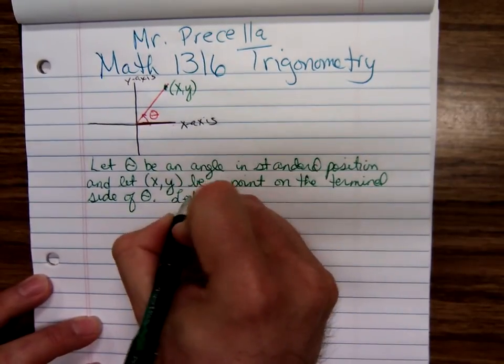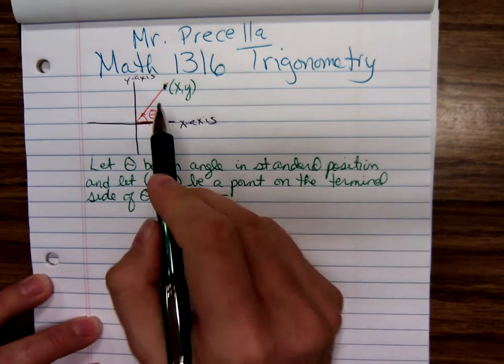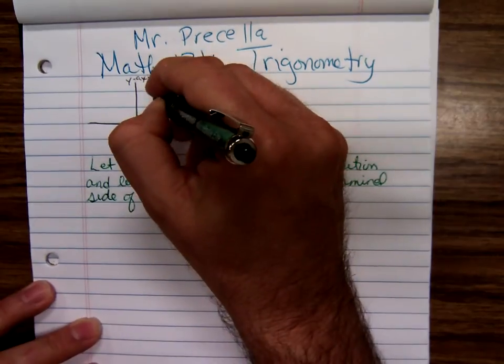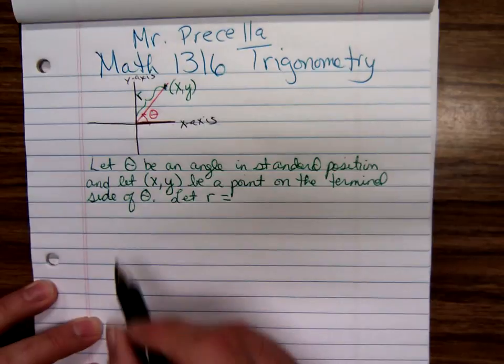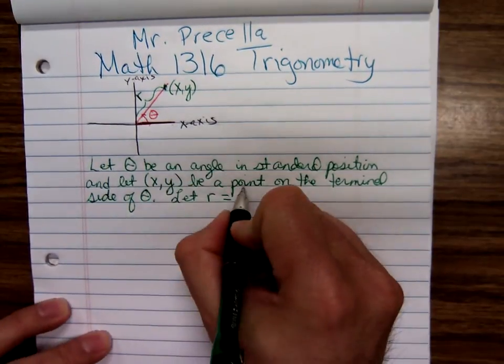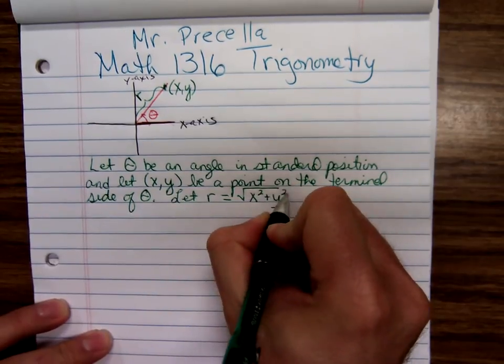Now we're going to let r be the distance from (x, y) to the origin. r is that distance. If you think of the distance formula, you get r is the square root of x squared plus y squared.